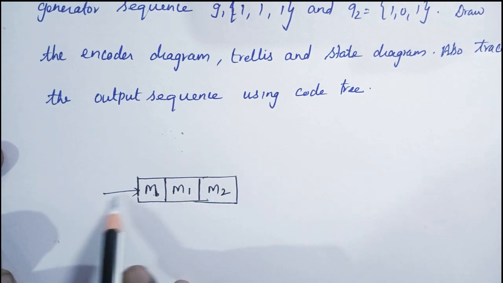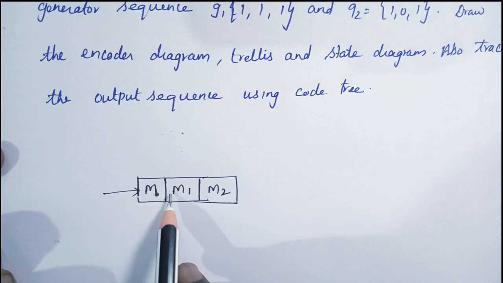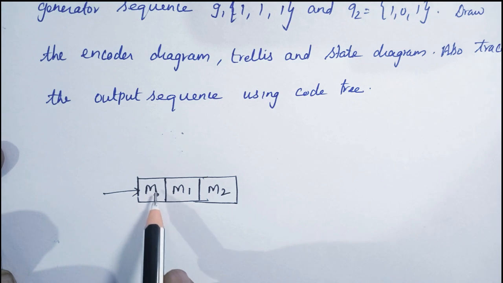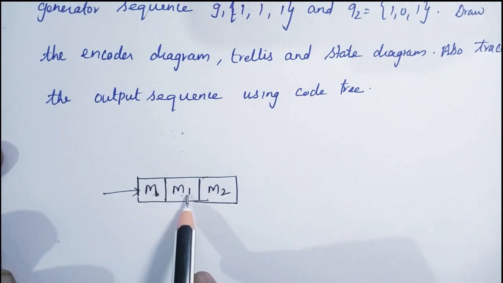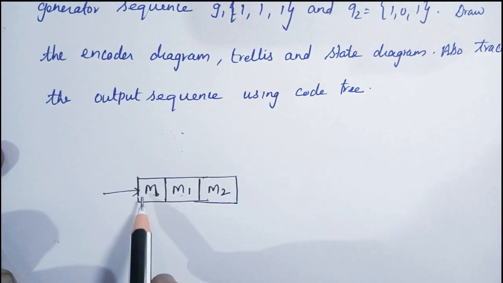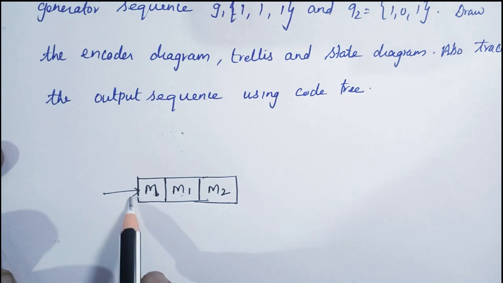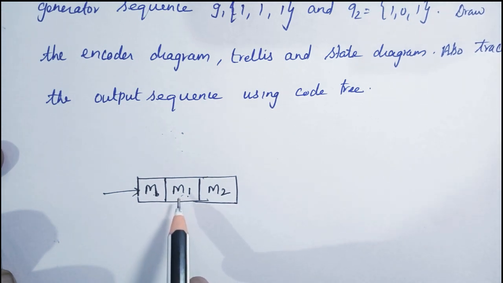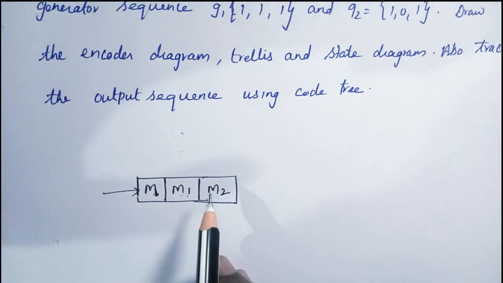When a new message comes, it gets shifted by a factor of 1. Whatever is in m will go to m1, and the data in m1 will go to m2. So m is the state where the input bit comes, and m1 and m2 form the states.